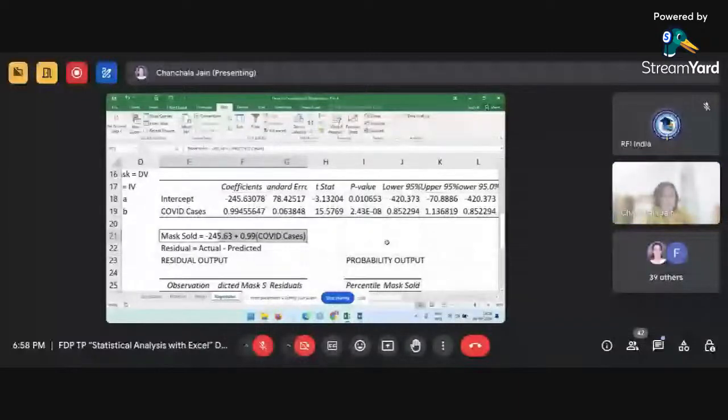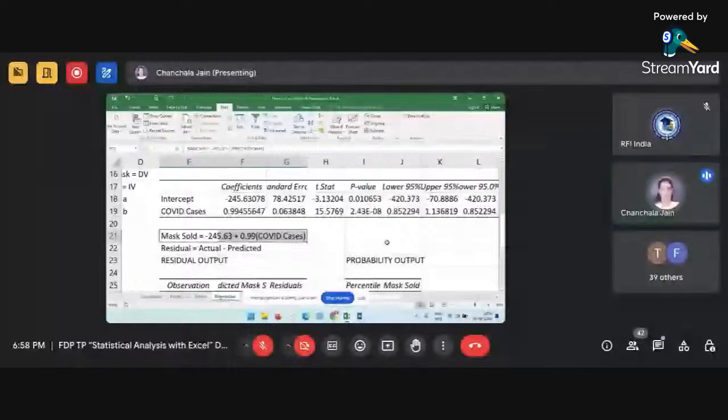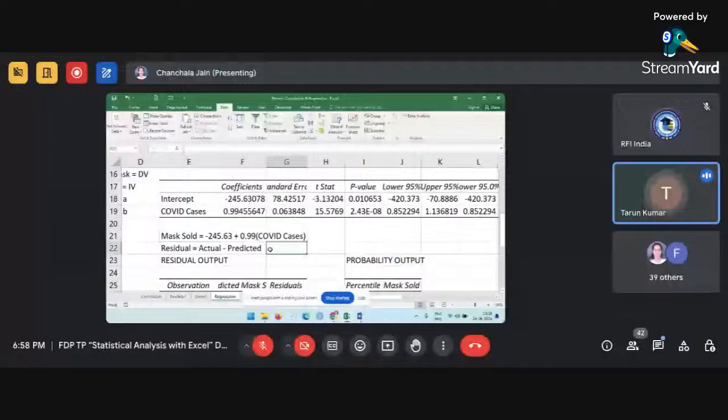Not clearly, sir. Ma'am, can you write the regression equation for the same example? For which example are you asking, sir? The judges? Yeah, COVID cases and mask. Okay, okay.